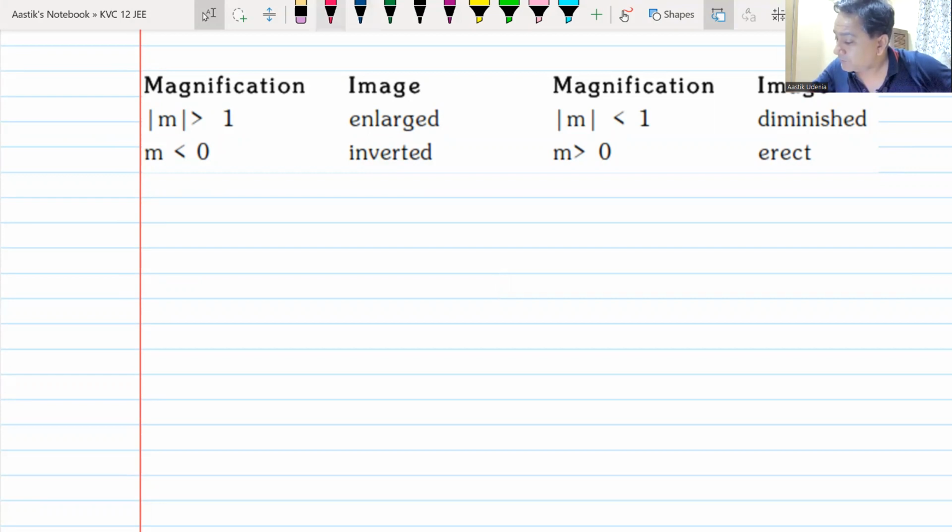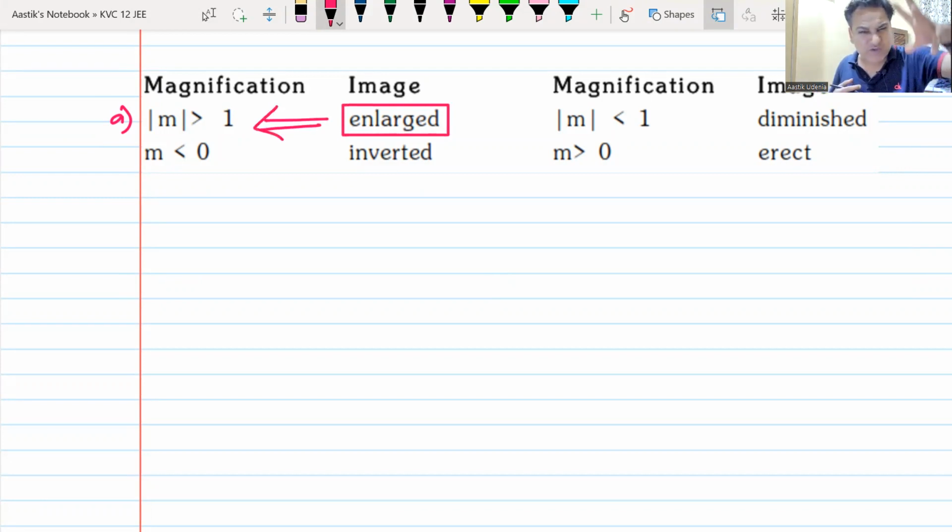Then comes this small thing. Point number A: if the magnitude of magnification is greater than 1, we will call the image enlarged. The height of the image will be more than the height of the object.